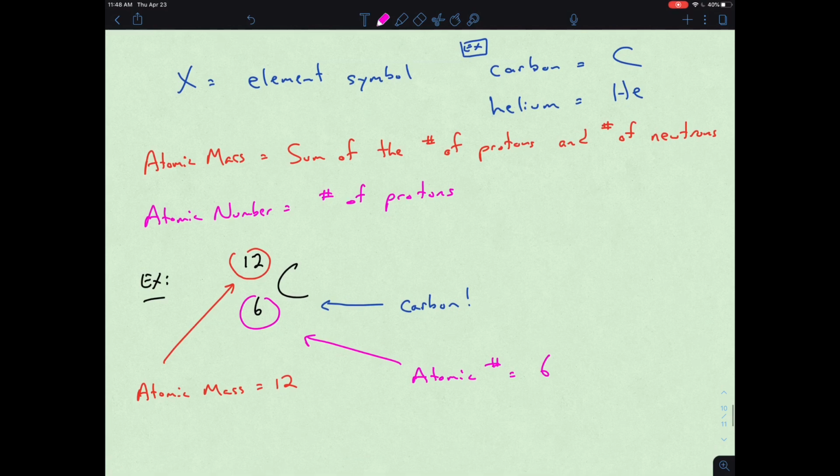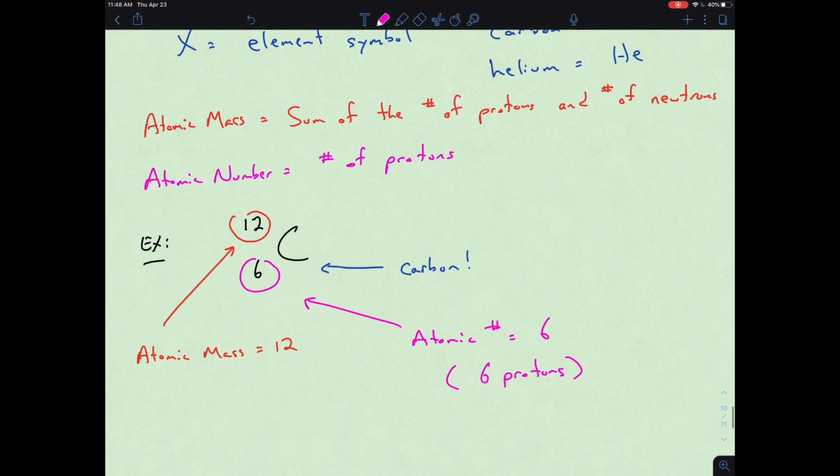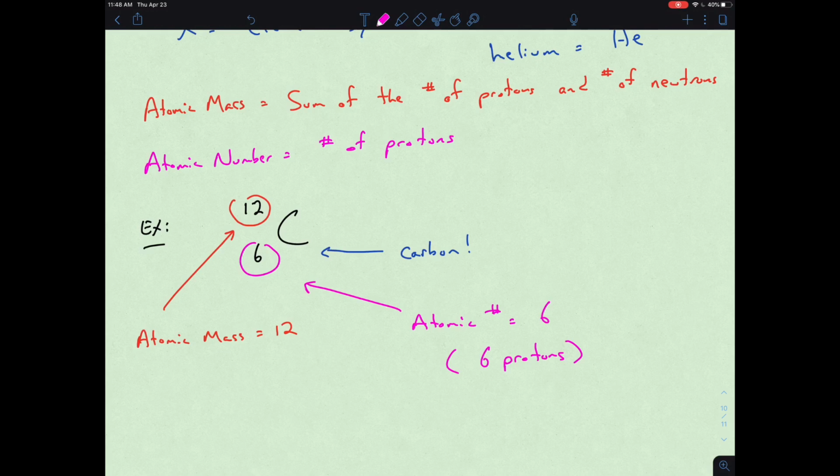So what does that mean? Well, in terms of the atom carbon, I have 6 protons. In terms of the atomic mass, I know my number of neutrons plus my number of protons equals 12.